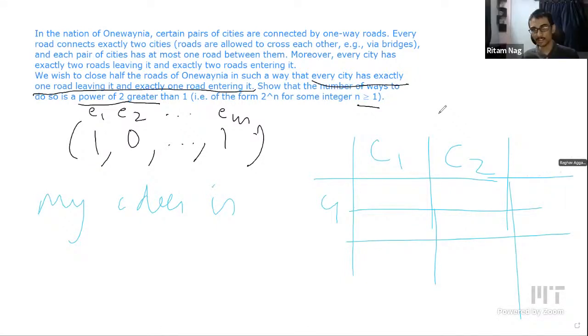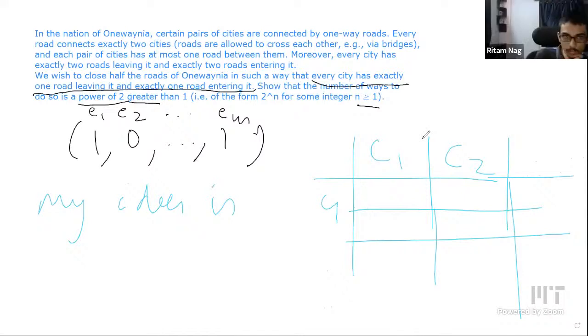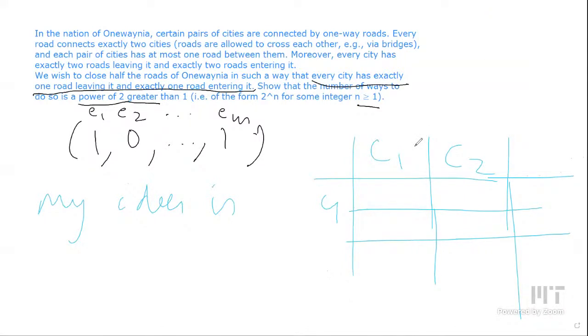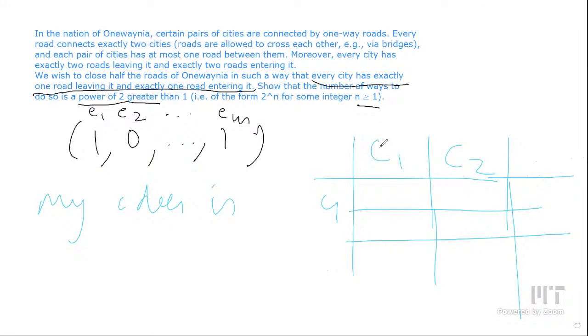What do you mean by divide the set of cities into two? Like put half cities here and half here. No, wait. No, no. That won't work, because there isn't a bipartite graph. So I don't think this is going to work.